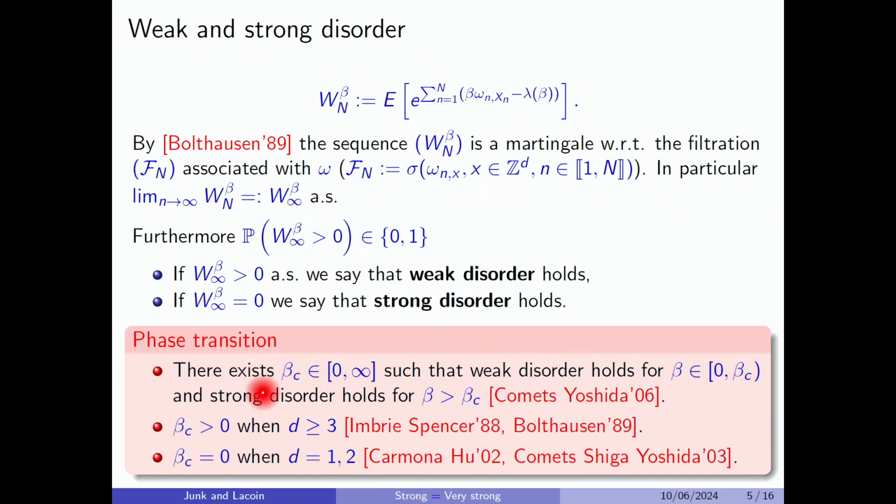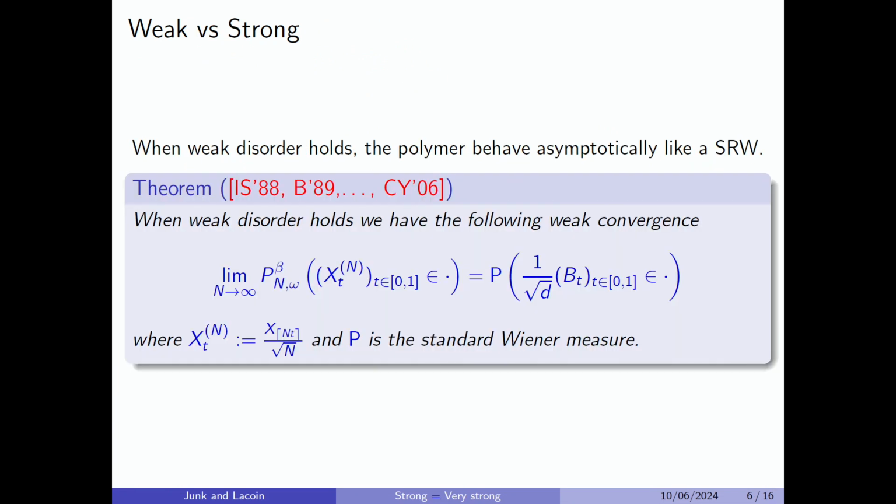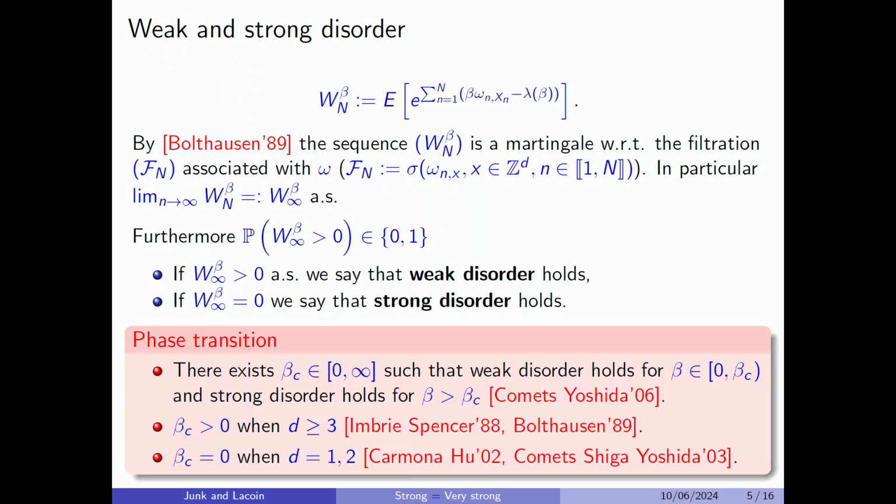Well, this phase transition might be trivial. There are two ways that it might be trivial: beta C can be either equal to 0 or infinity. I will not discuss beta C being equal to infinity because it's very well understood and not very interesting. But beta C equal to 0 is more interesting for our purpose.